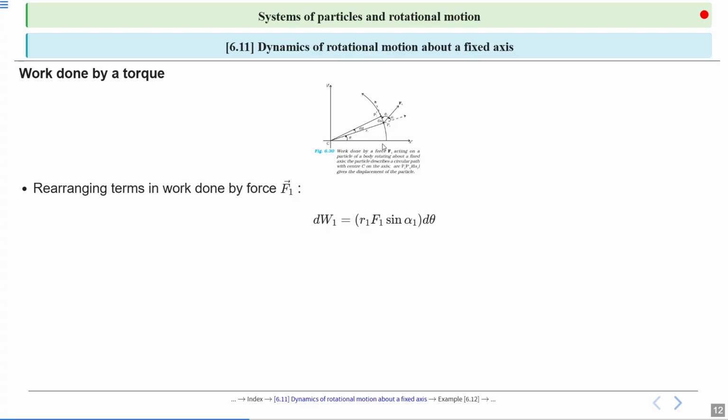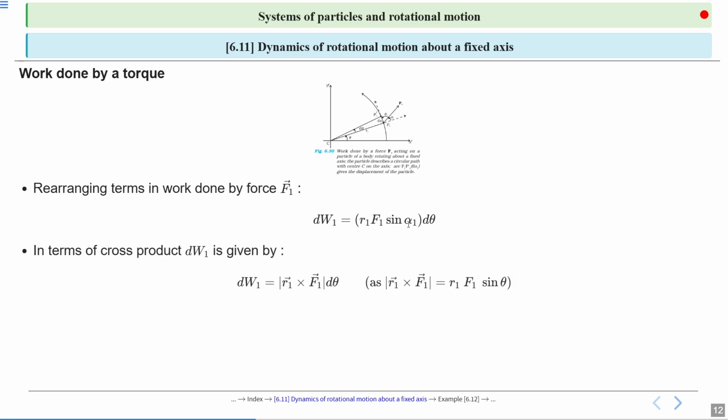Rearranging the terms in the work done by the force F, it will be dw1 is equal to r1 F1 sin alpha 1 d theta. So this is the force term, and this is the angular displacement. So in terms of cross product, we know the cross product A cross B is AB sin theta.